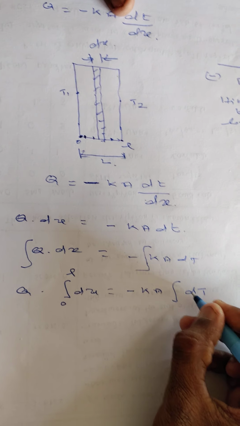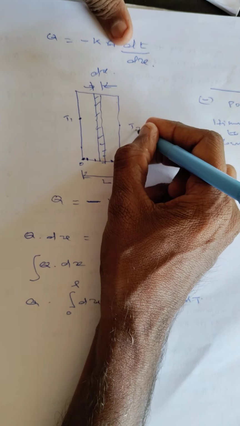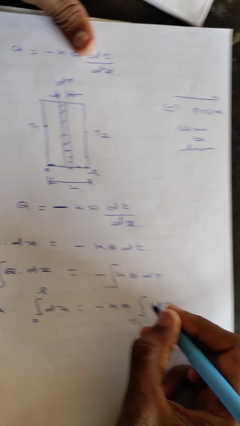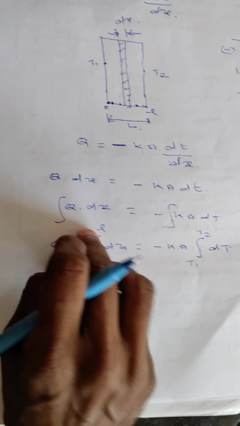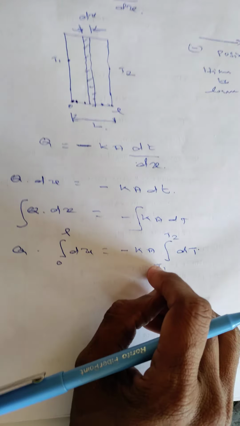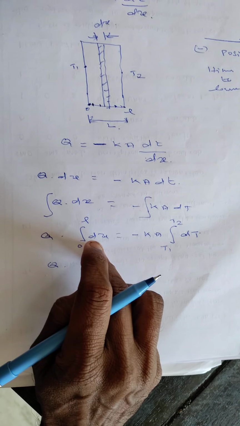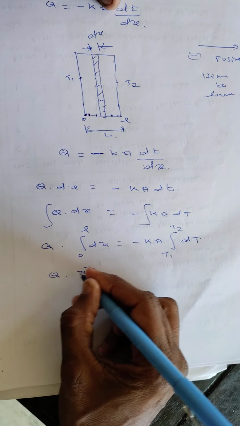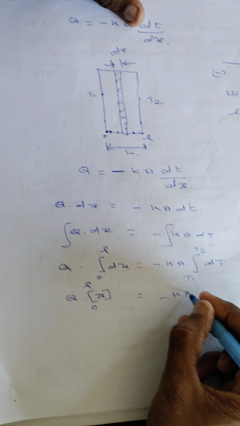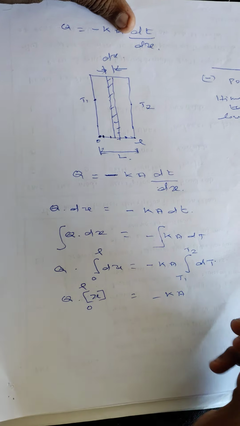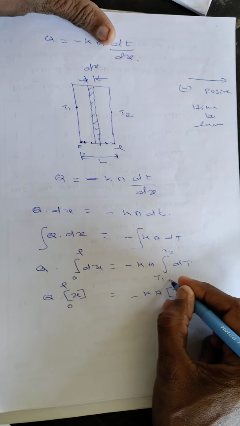Similarly for dT, the temperature varies from T1 to T2. That is the limit. The distance varies from 0 to L, and the temperature varies from T1 to T2. If we integrate dx, we get x, with limit 0 to L. That is equal to minus Ka times the integral of dT, which is T, with limit T1 to T2.